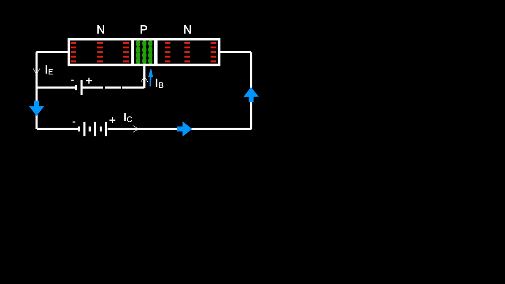The small DC current flowing into the base produces a larger DC current flowing in the collector circuit. And for the RSGB exam, we need to know that the current gain, beta, is equal to the collector current divided by the base current, the large over the small, being the gain.